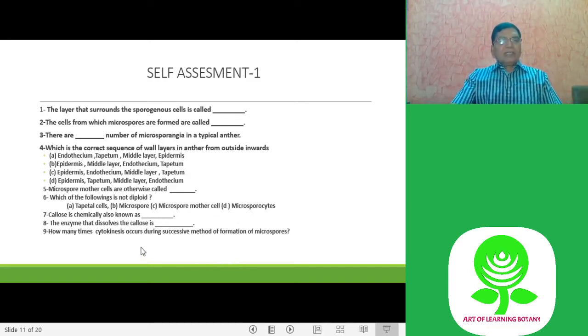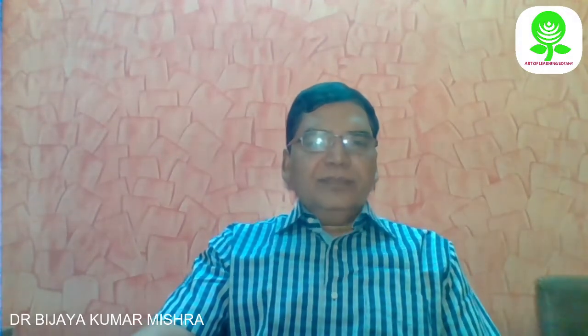Now, let us come to gametogenesis and gametophyte development. So, male gametophyte. The microspore is already the start of the gametophyte. Now, the microspore matures by deposition of wall material, sporopollenin, to form a pollen grain.